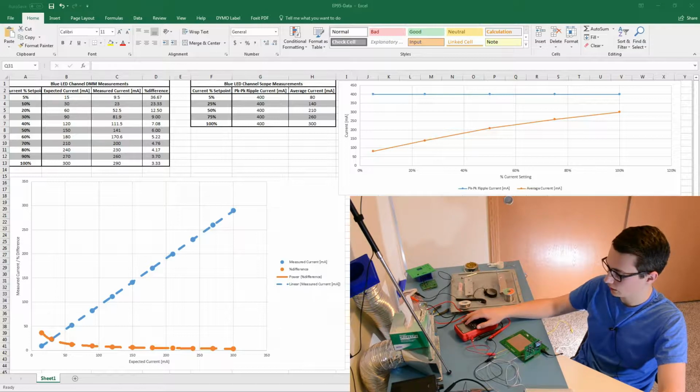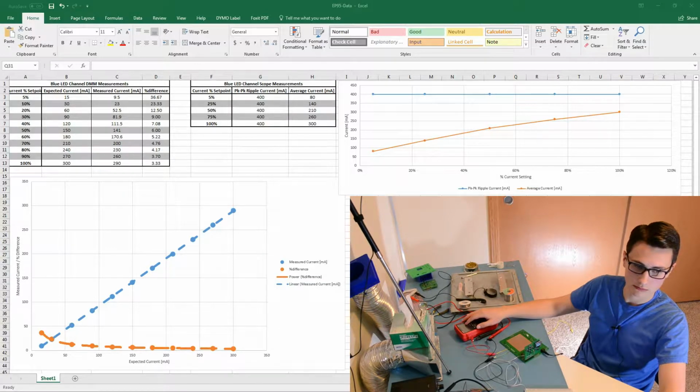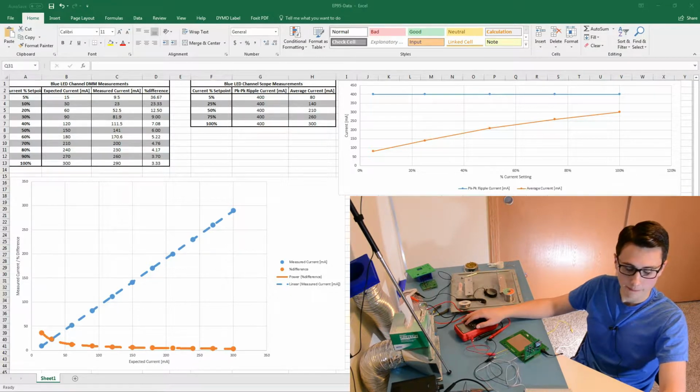So overall, it's not too bad. A 3% difference at high currents, around 6% difference from 50% up, and pretty poor performance at 5 to 20% brightness, but I doubt that someone would really be wanting to use the lamp at that level.